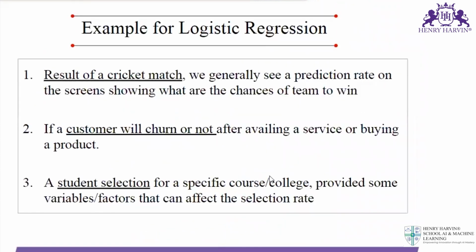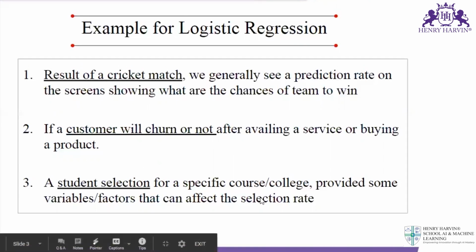Some examples of logistic regression are the results of a cricket match. We generally see a prediction rate on the screen when there is a cricket match, whether the team will win or not. Similarly, whether a customer will churn or not after availing a service or buying a product, or a student selection for a specific course or a college, provided some variables or factors.